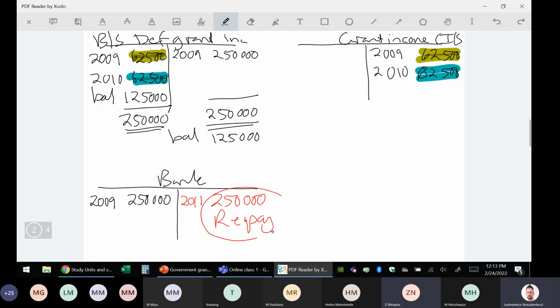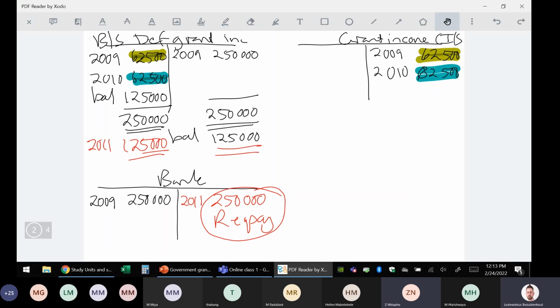I have to repay the grant. So I credit the bank with 250. For each debit, there is a credit. All right, we've got a credit of 250. The statement says we first look at the balance on the deferred grant income account, and we take the first portion there. So the balance is 125. In 2011, we will say 125 debit, and now our deferred grant income account is 0.